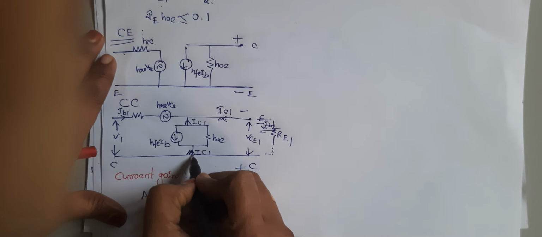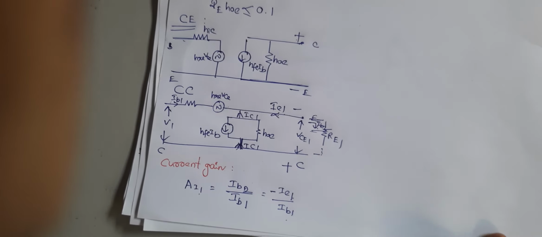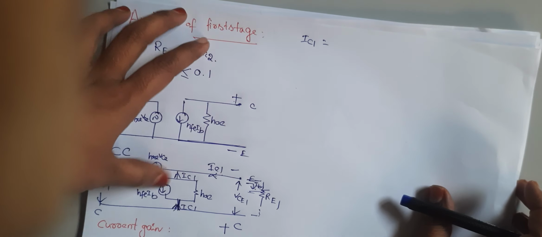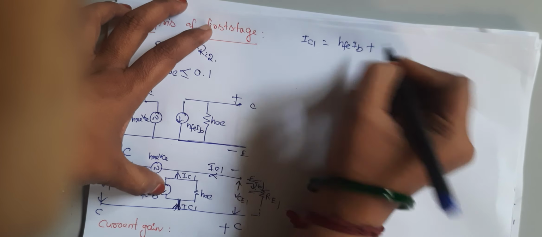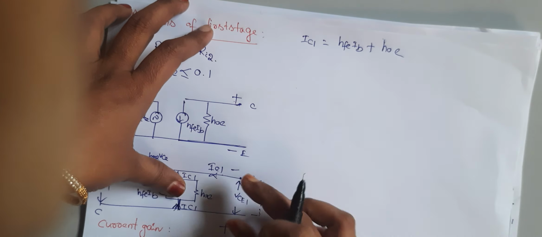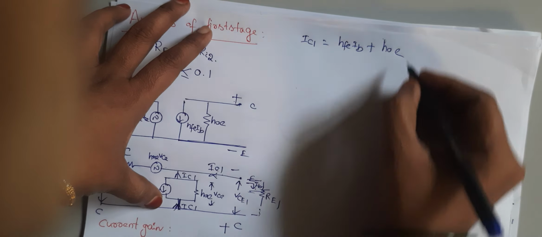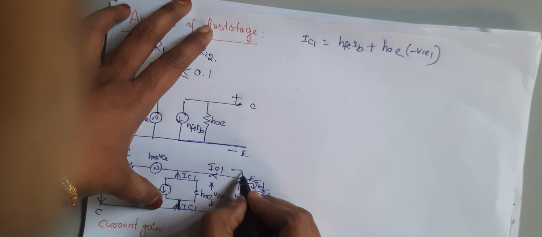So here, from this circuit, IC1 is equal to HFE IB plus HOE times the voltage drop, which is VCE. So HOE into minus VCE1.